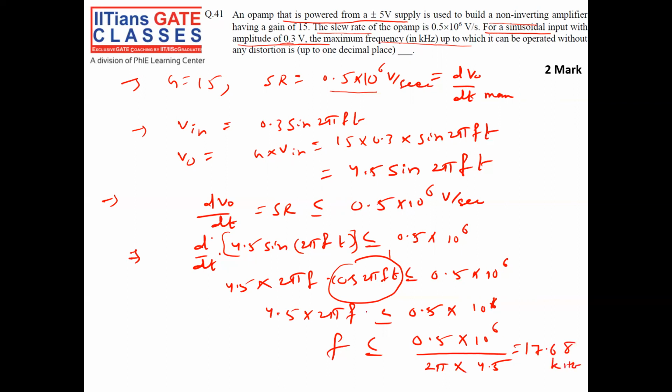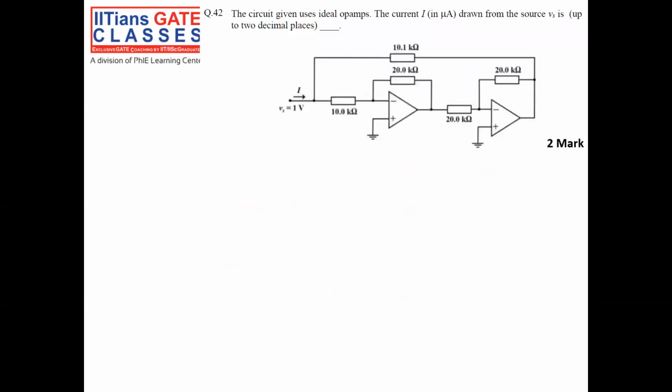If my input frequency exceeds 17.68 kilohertz, then I cannot meet my slew rate constraint and my output will be distorted. So in order to get a distortion-free output, the frequency of the input should be less than 17.68 kilohertz if the amplitude is 0.3 volt at the input. This is a very easy question. Let's see the next question.